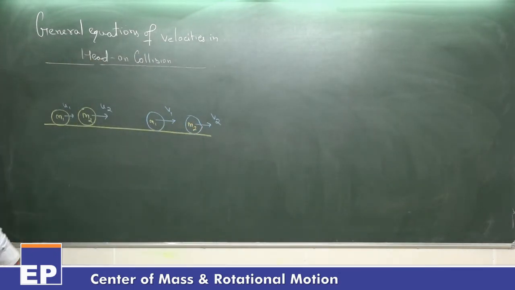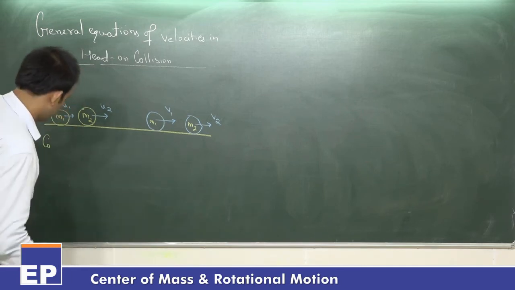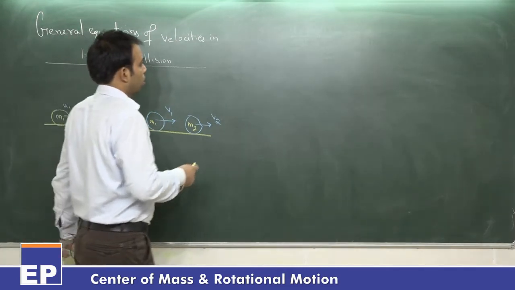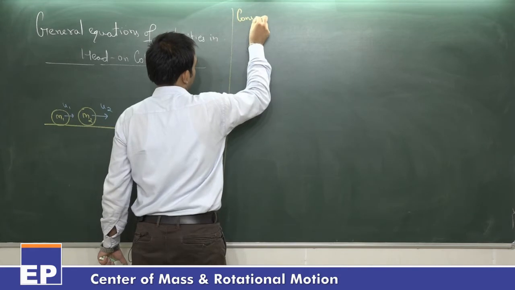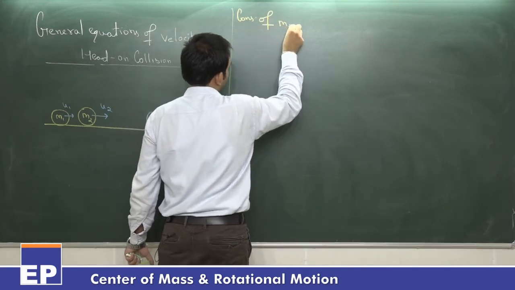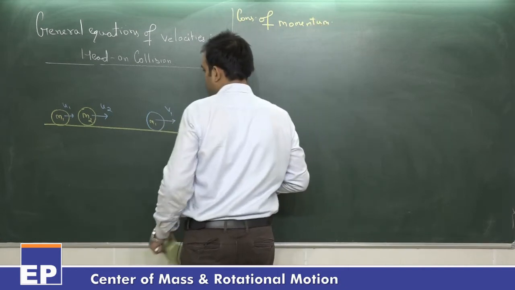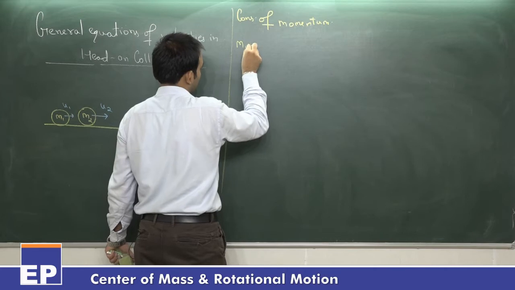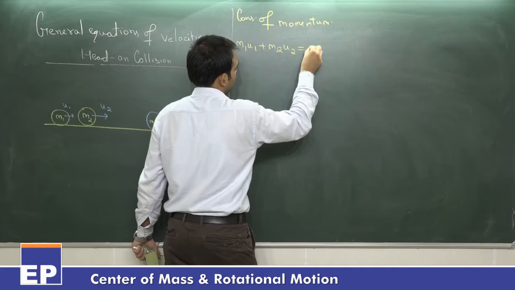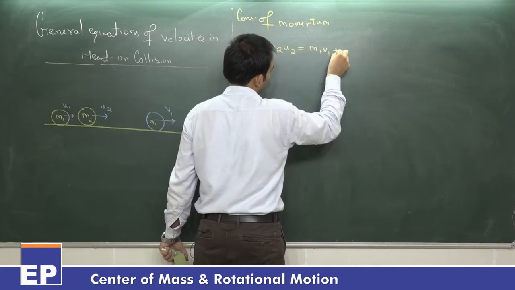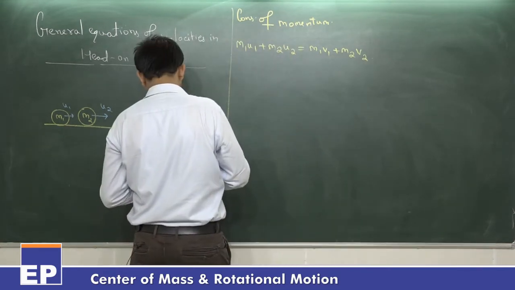So, look, first we can write by conservation of momentum. By conservation of momentum, you can write m1 into u1 plus m2 into u2 equals m1 v1 plus m2 v2. This is the first equation.